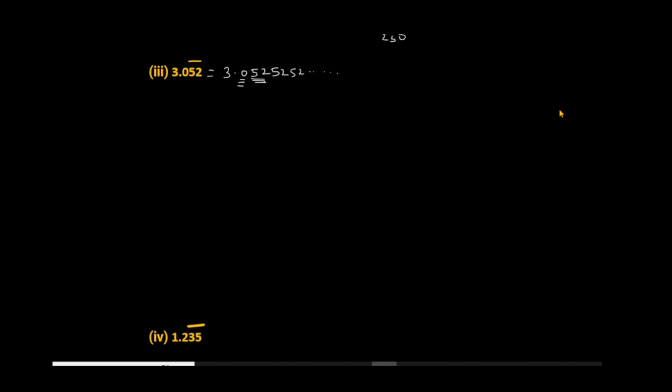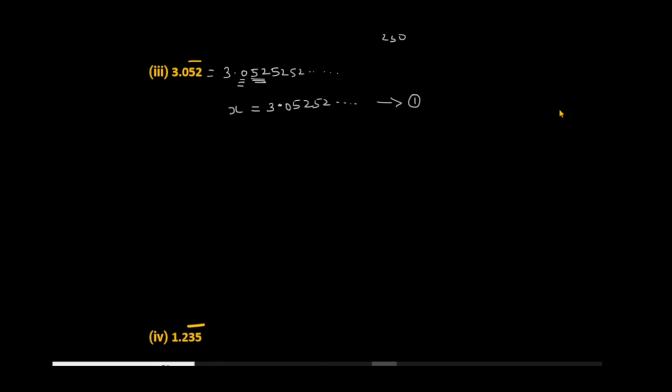So take the given number as 3.05252 etc. This is our first equation. Now we need to make our decimals the same. If we get 525252 after the decimal point, easily we can cancel the decimal part and get the P by Q format.